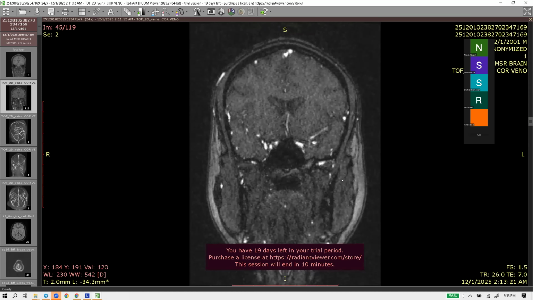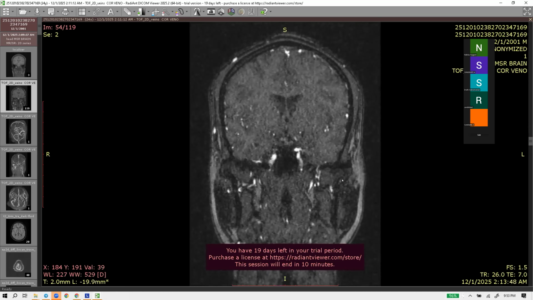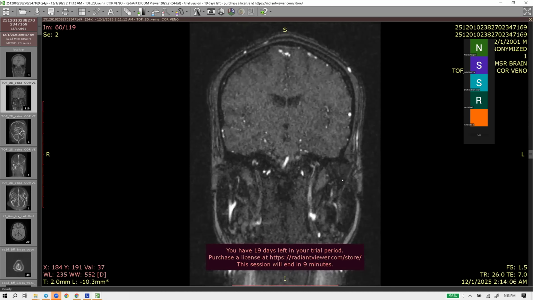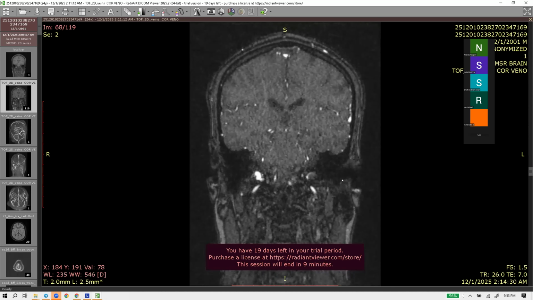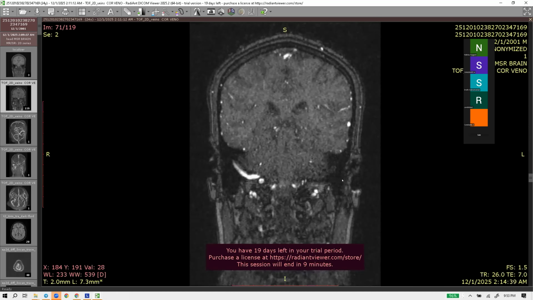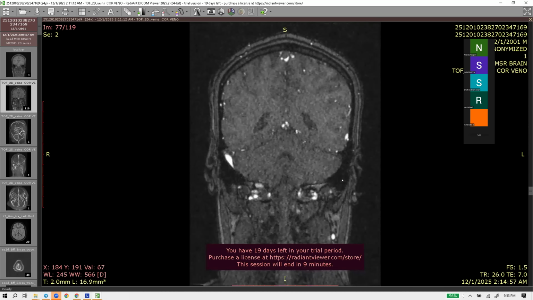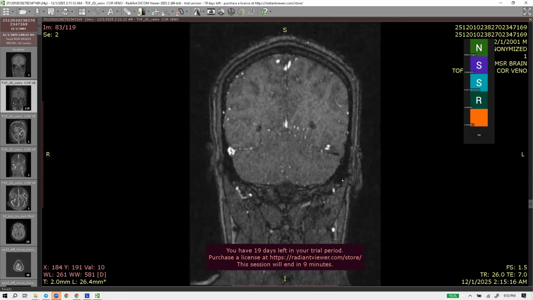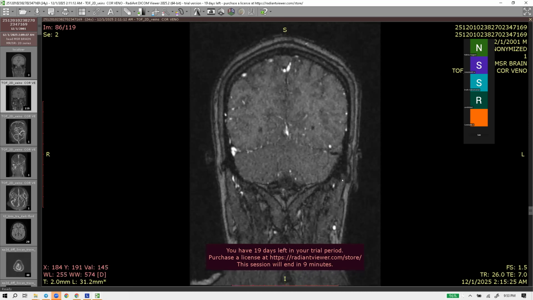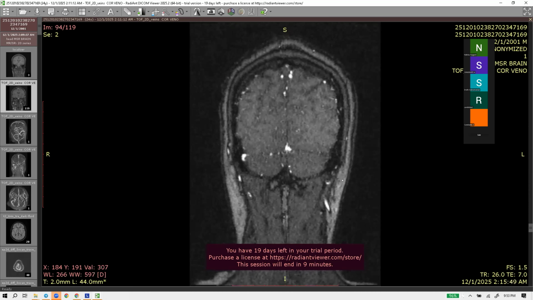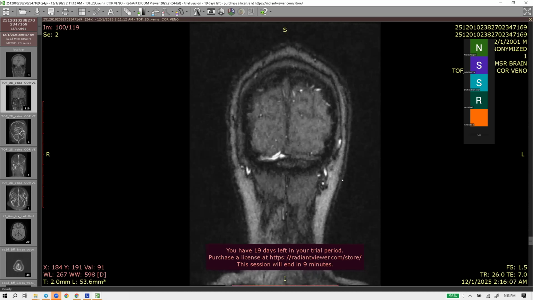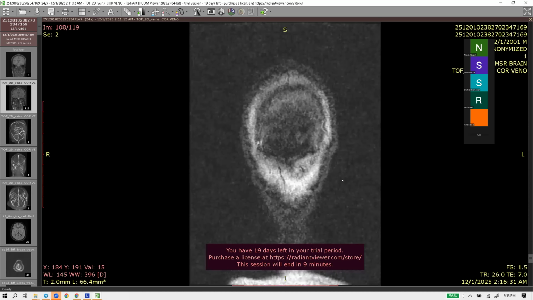These are T1 post contrast images of the same patient. I'm just going through the images. I can see a delta sign. There is no enhancement of the superior sagittal sinus.